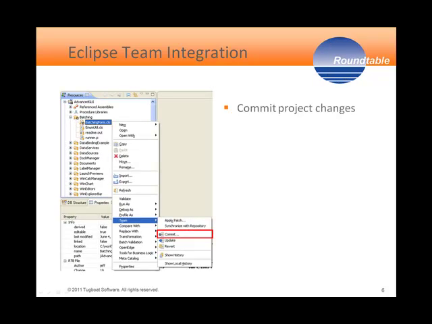Roundtable Team integrates with the Eclipse Framework Team Provider interface. This enables the developer to interact with the repository directly from their project, so the developer can easily commit project changes to the repository. You can also update your local project with others' changes that have been committed to the repository.